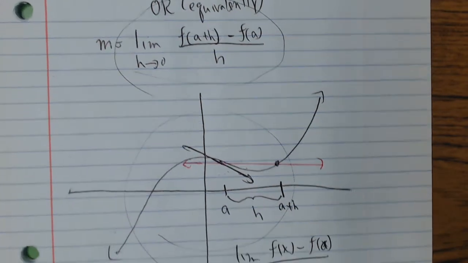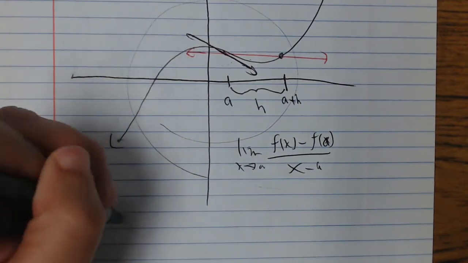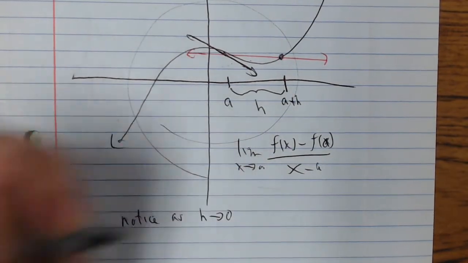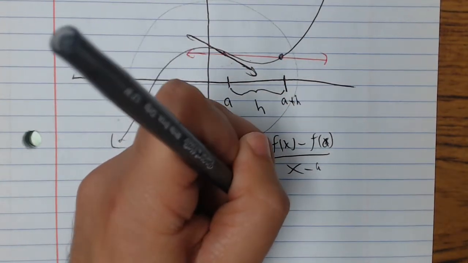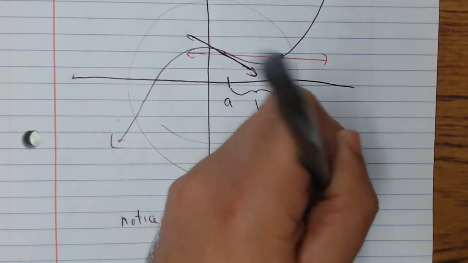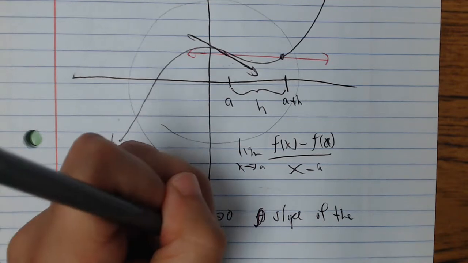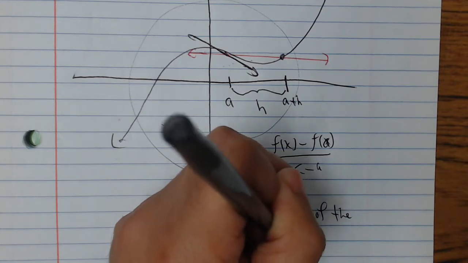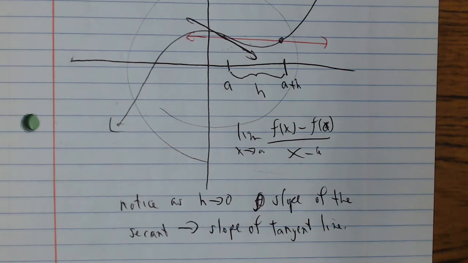So for these, we can make a comment: look at the picture above, and notice that as h goes to 0, the slope of the secant approaches the slope of the tangent line. And so that's kind of the main idea as to what we're going to be doing.